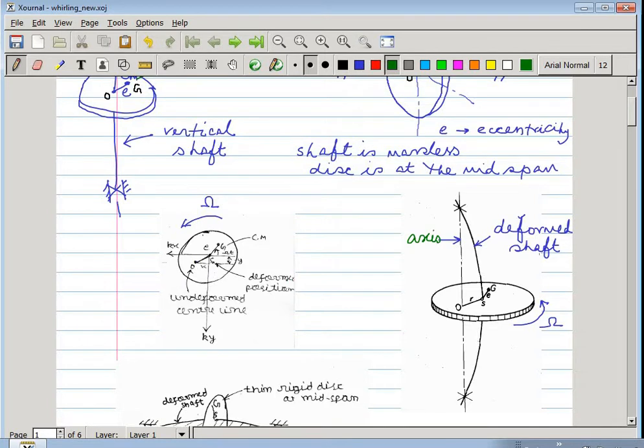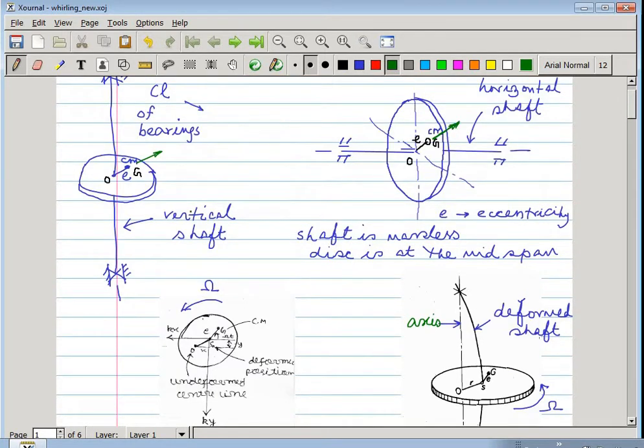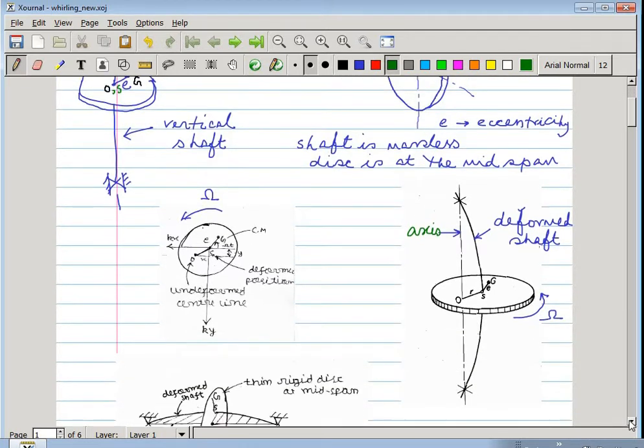When the shaft was not rotating, S and O were coincident. But as there is an elastic deformation of the shaft which occurs due to the rotation of the disc, the shaft deforms.